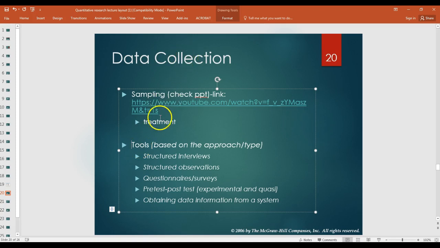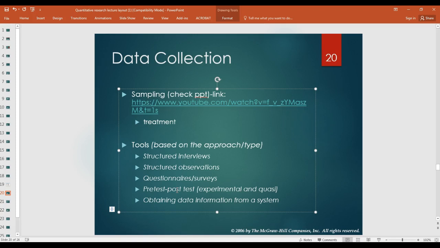Okay, data collection tools. There are a variety of data collection tools, and they really depend on the type of design that you're choosing. So for experimental research, most often, because it's an experiment, you're probably going to have a pre-test and post-test, because there is a treatment, there is an experiment between two groups, and you want to know the relationship between your independent and the effect on the outcome on the dependent.